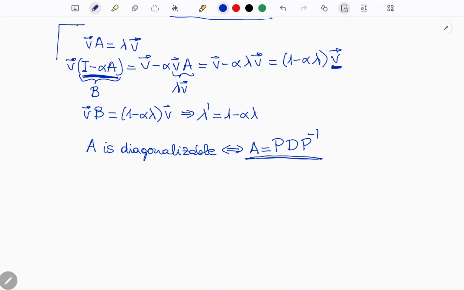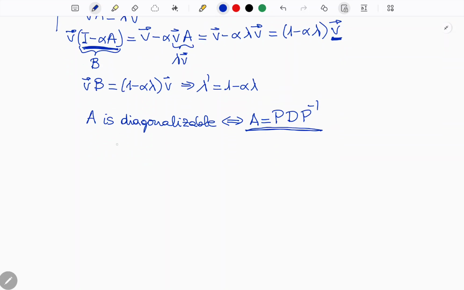If I can write A like this, it is exactly the same as saying that A is diagonalizable. Now the point is that A comes from an undirected network. So A is diagonalizable, that's the point.